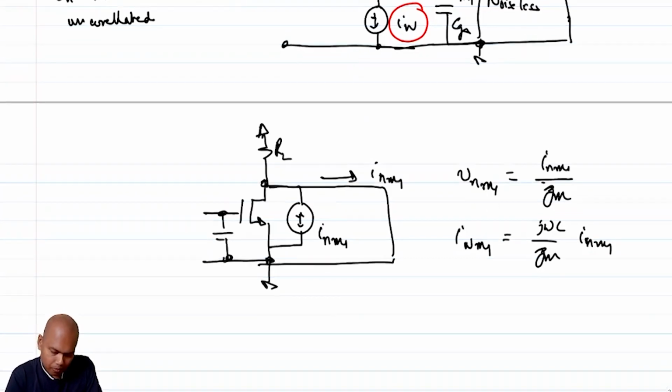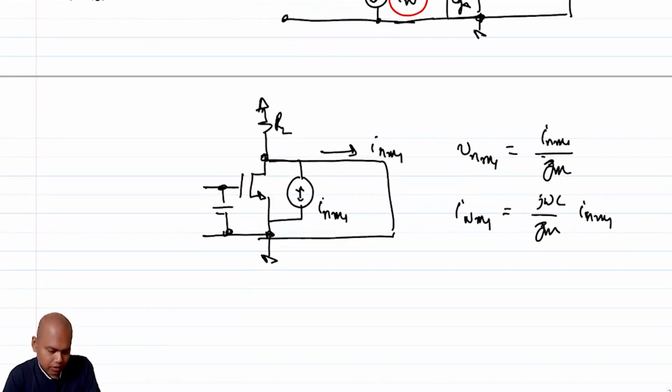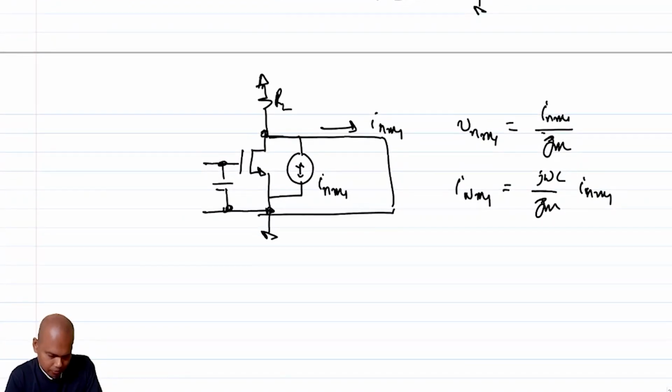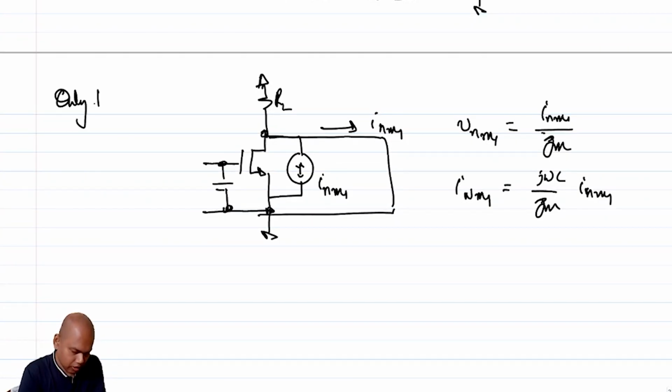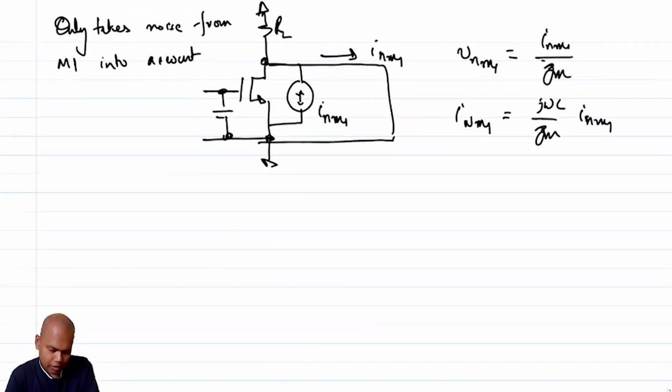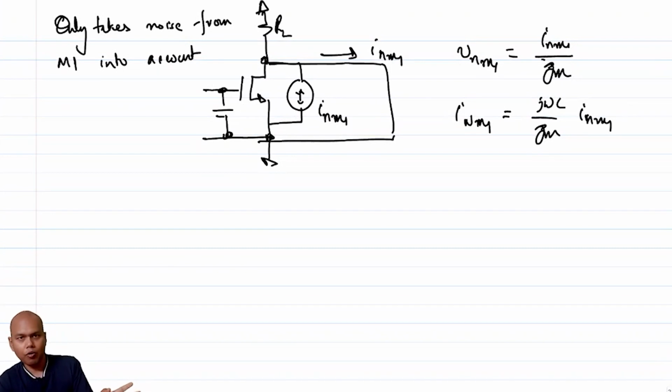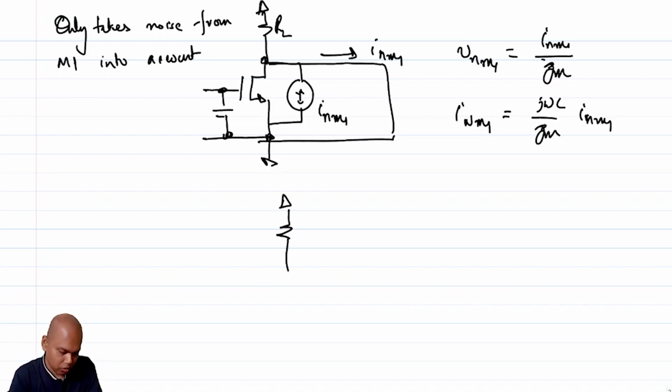Fine. So what did I do? I only took noise from M1 into account. Similarly, if I take the noise from RL into account and not the noise contribution from M1 at all, that is case 2.